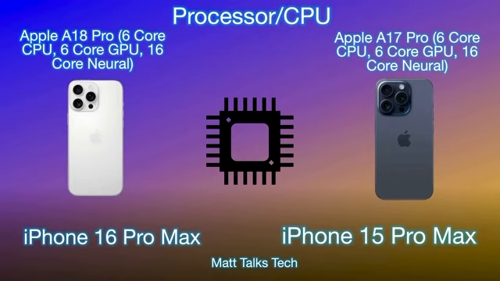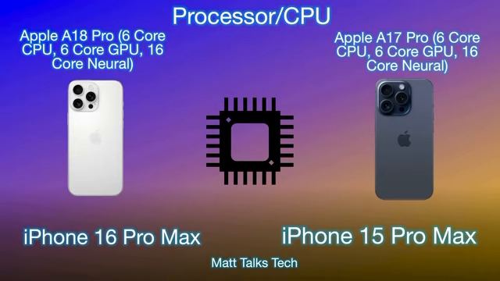But one of the big differences is that Apple said the 6-core CPU is about 15% faster, yet 20% more efficient than the CPU cores inside the iPhone 15 Pro Max's A17 Pro. So you're getting 15% more power, but it uses 20% less power to do that. Really cool to see.